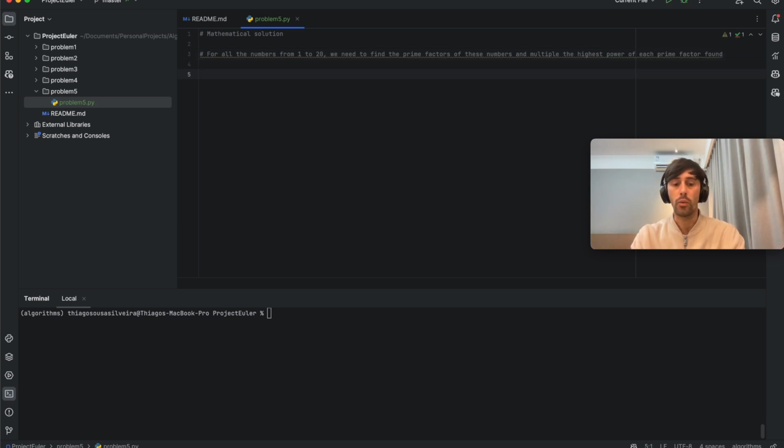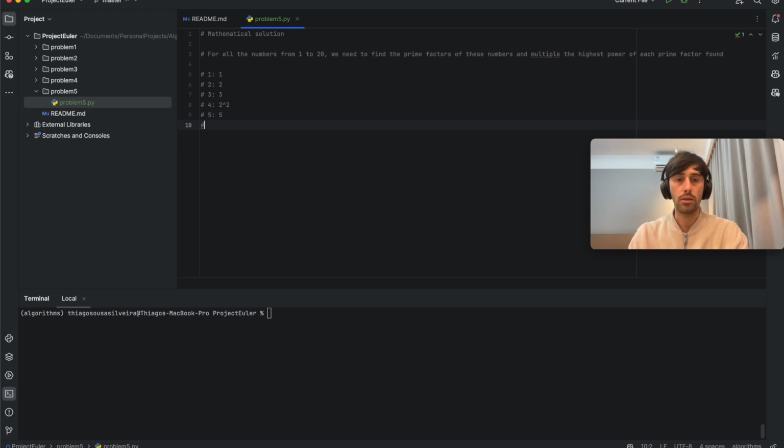We can do this one by one. 1 we're going to ignore because it's just 1. 2 is a prime, so the prime factor of 2 is just 2. Same thing for 3. For 4, the prime factor is 2 power 2. 5 is another prime number, so it's just 5.